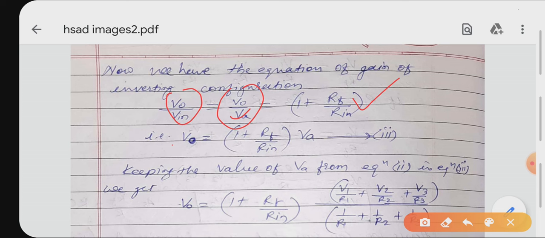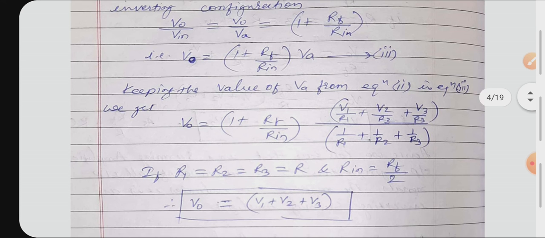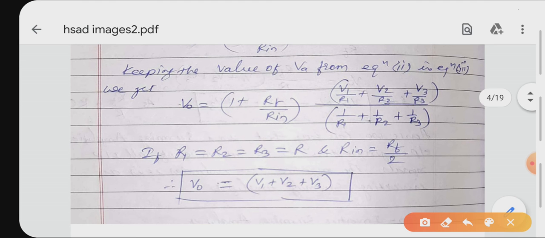Now from this we can get VO is equal to 1 plus RF by R in into VA, equation number 3. So keep the value of VA which we have calculated in equation number 2 into equation number 3. So here you will get VO is equal to 1 plus RF by R in, and this is nothing but the value of VA from equation number 2.